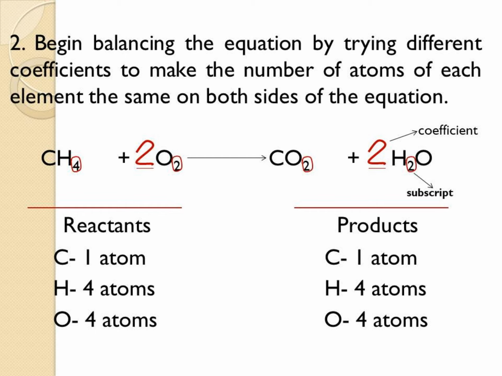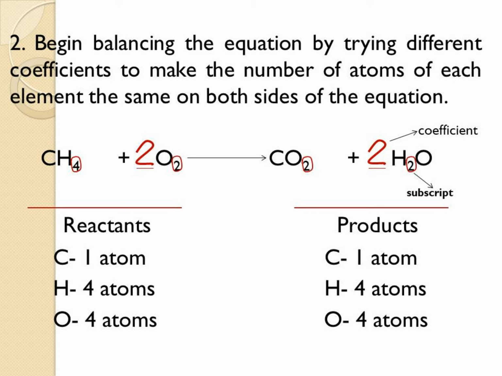In total, we have 4 atoms. On the reactant side, we multiply the subscript 2 with the coefficient 2 placed in front of oxygen gas, to make it a balanced chemical equation.